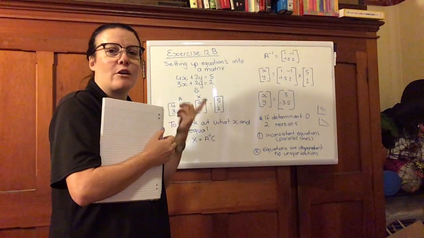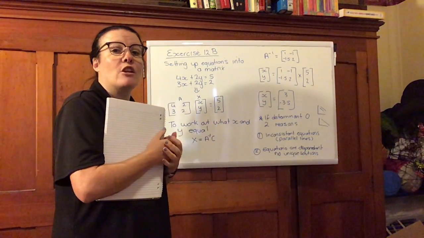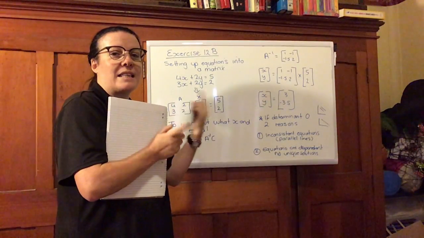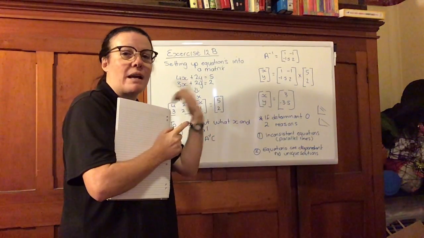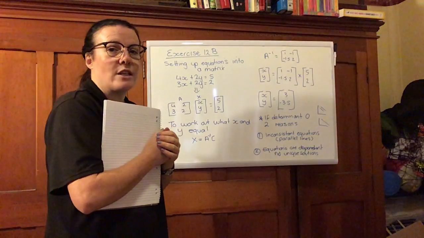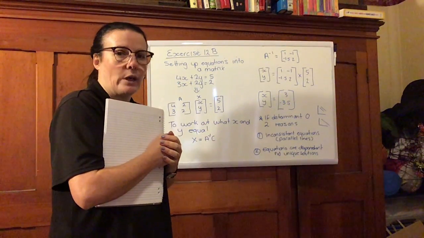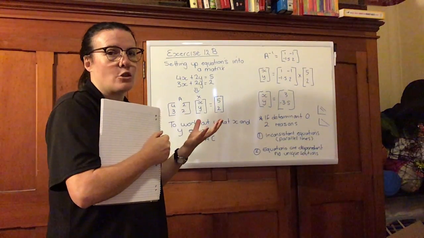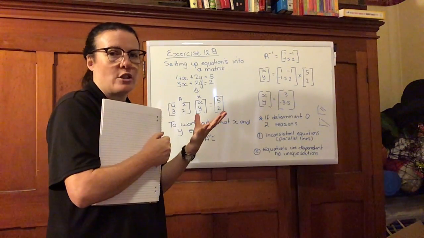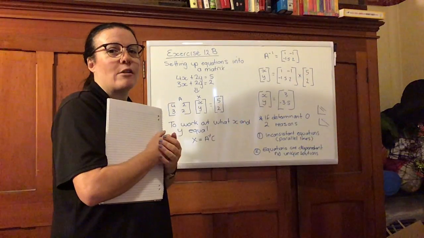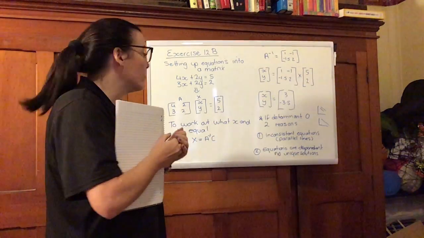If you get a pair of equations and they're not in the same order, say the x and y are reversed, you may find you need to rearrange the equations so that your letters match up. They must all be in the same order. So if you find that situation, just rearrange your equations until you can get them into the correct order.